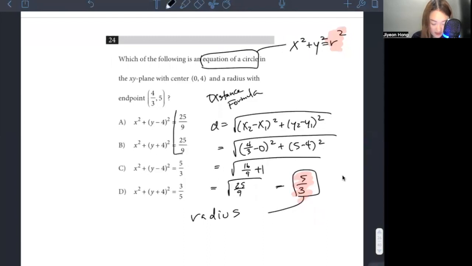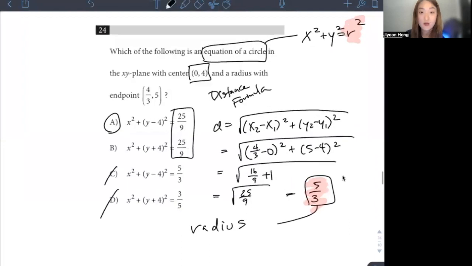We have answer choice A and B left over, and from these two, the center is (0, 4), which is why A is going to be the answer choice. If the center was (0, -4), then B would be our answer choice. So for the equation of a circle, it would be the opposite or inverse value for the y.